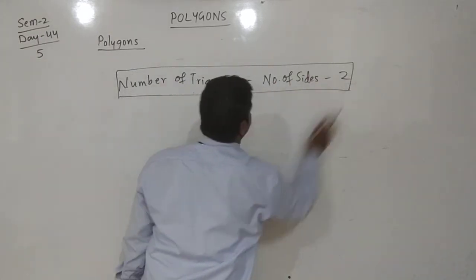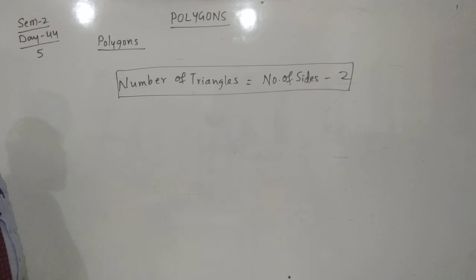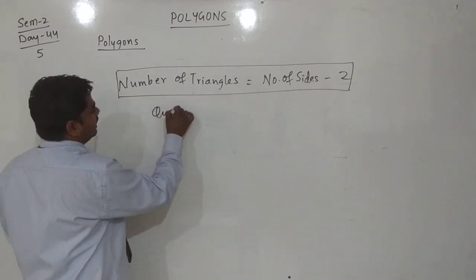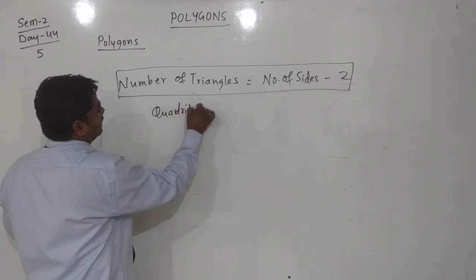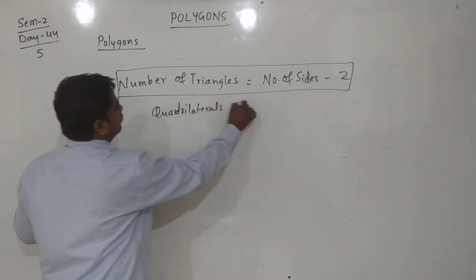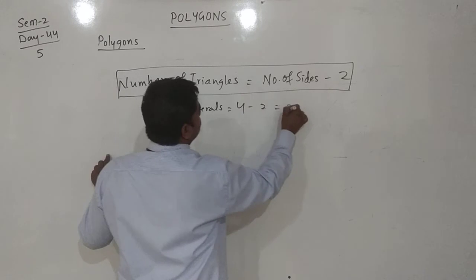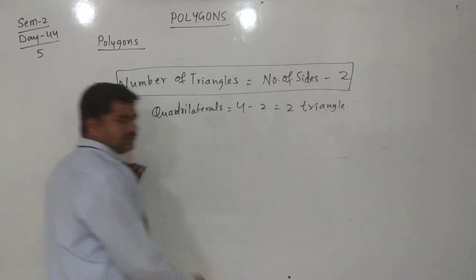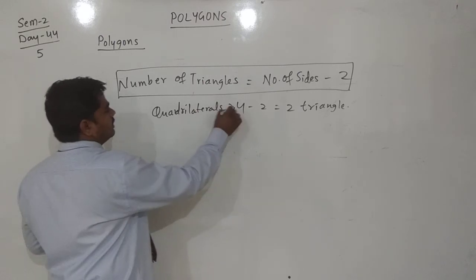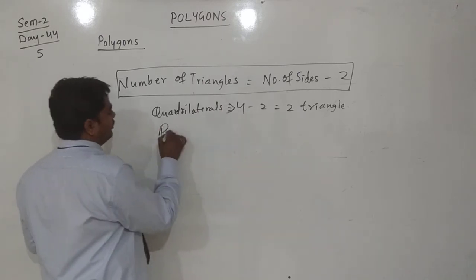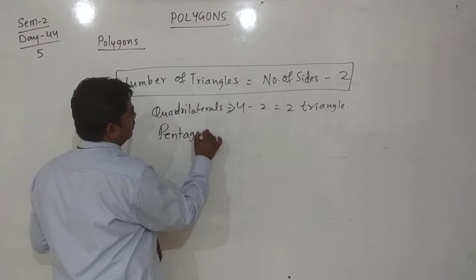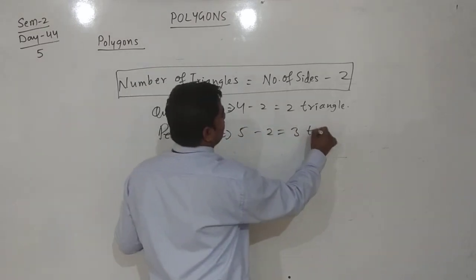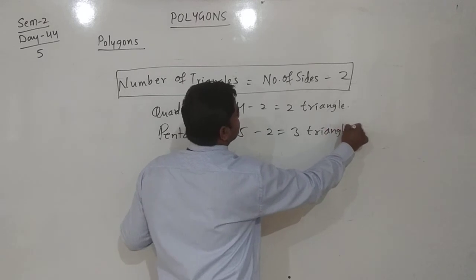Very simple. First, quadrilateral. Quadrilateral means there are 4 sides. How many triangles are there? 4 sides minus 2, then 2 triangles. And we can take the pentagon: 5 sides minus 2 gives us 3 triangles.